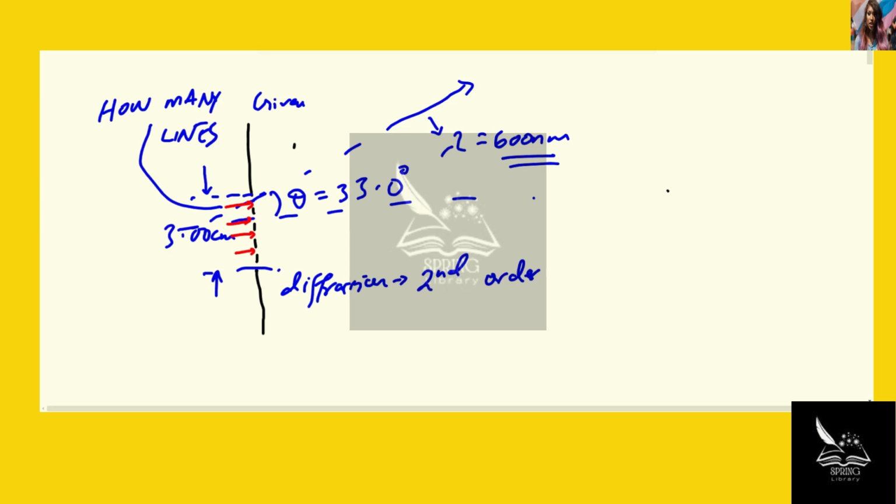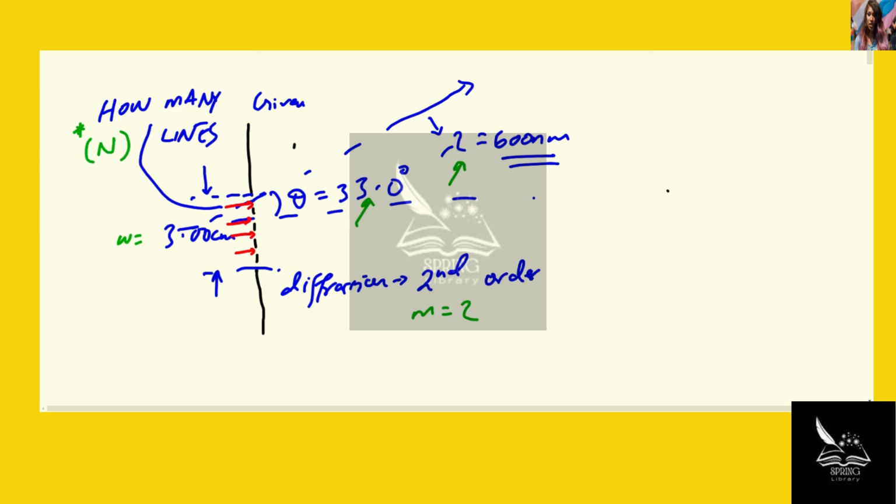And so we're going to go ahead and, given that the width W is 3 centimeters and the order M is 2, and we also know that theta is 33 degrees and lambda is 600 nanometers, we want to find the number of lines, which is n.